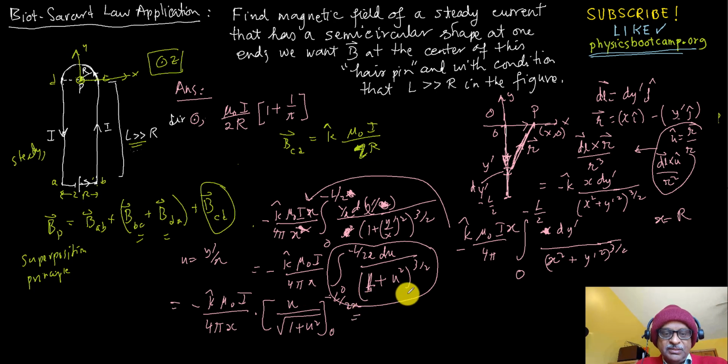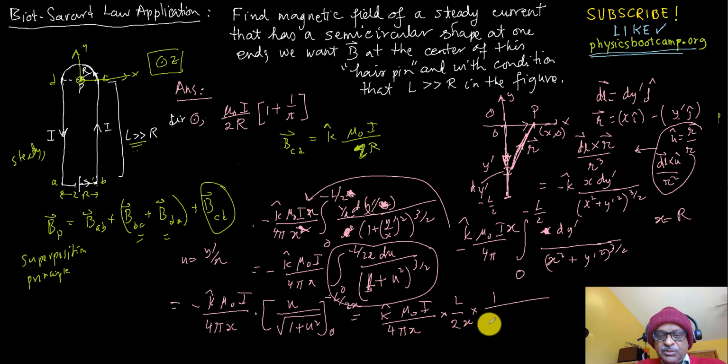So this thing just turns out to be, minus will kill that minus, so we have a k hat mu naught I over 4 pi x, and then you have a L over 2x times 1 over square root of 1 plus L square over 4x square.